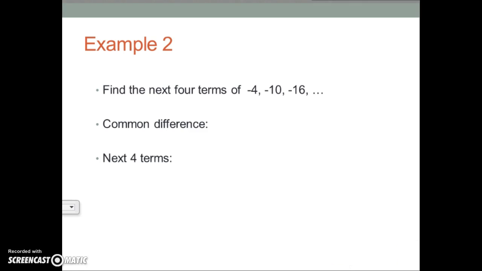To go from negative 4 to negative 10, we are adding a negative 6. And to go from negative 10 to negative 16, we are also adding a negative 6. In this case, our common difference is negative 6. We can say d equals negative 6.